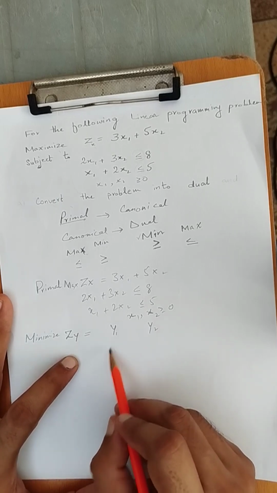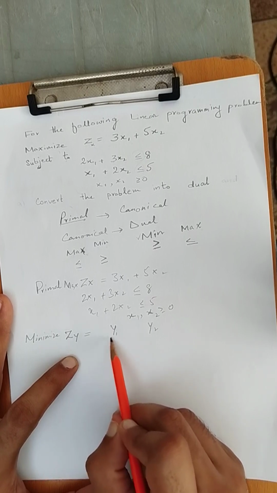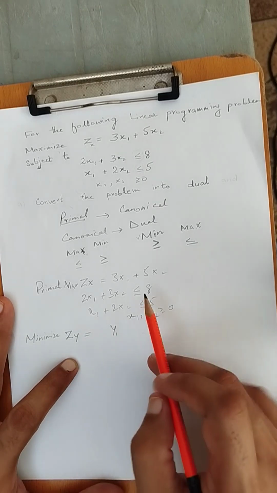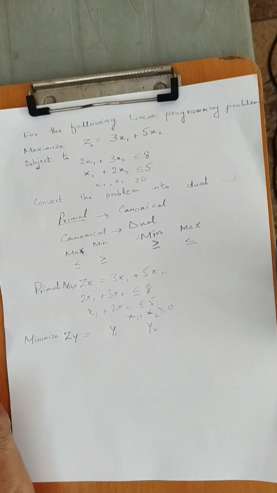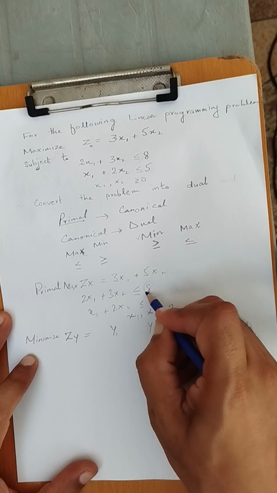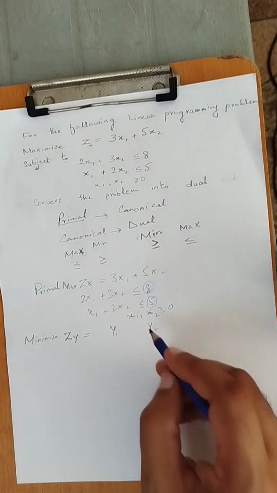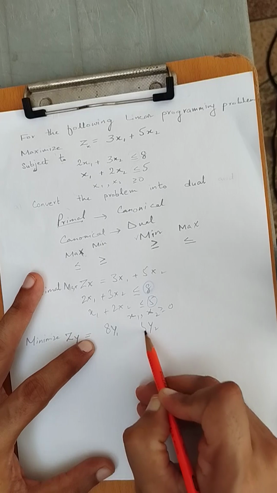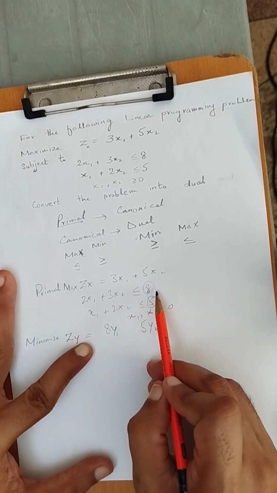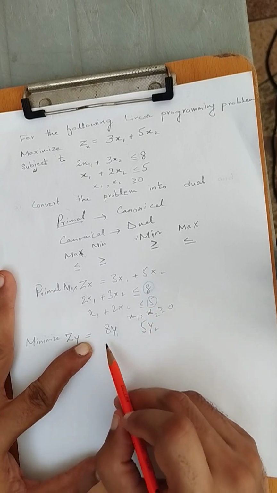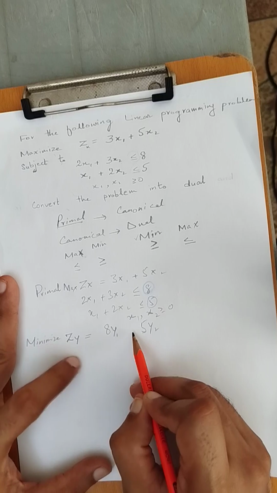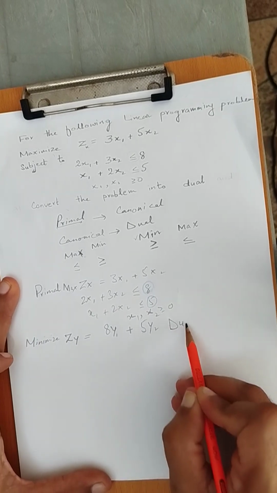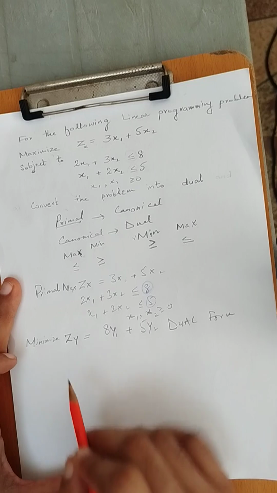Now we talk about the coefficients. The coefficients will be the right hand side of the constraints, 8 and 5. The right hand side of the constraints, 8 and 5, will be the coefficients of the cost minimization function in dual form. So this is the dual form.